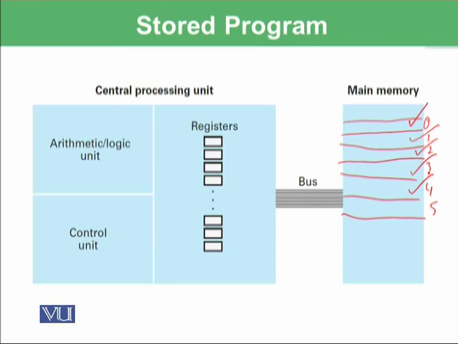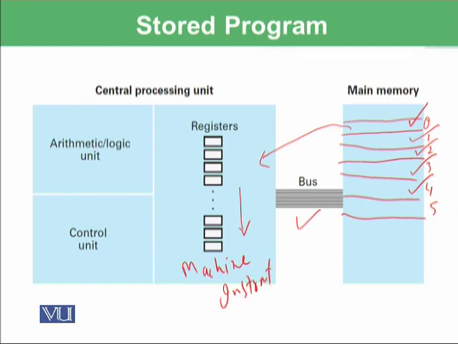So all of the instructions have been stored in the main memory, and then these instructions are fetched using the bus to the central processing unit, and there are some special purpose registers which hold such a machine instruction here.